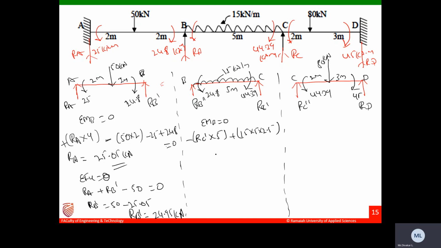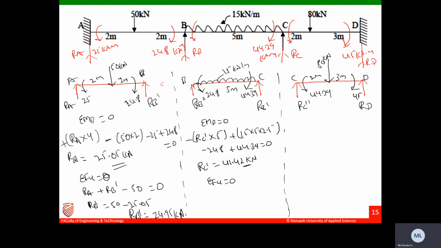Then next, minus 24.8 plus 44.39 equals to 0. Then RC dash equals to 41.42 kilonewton you will get.